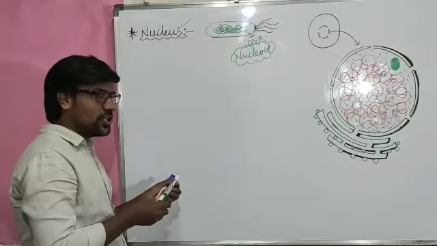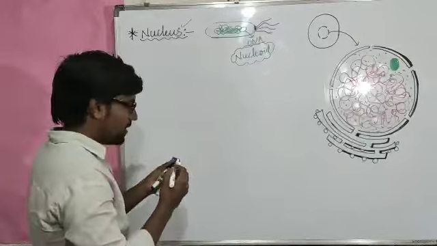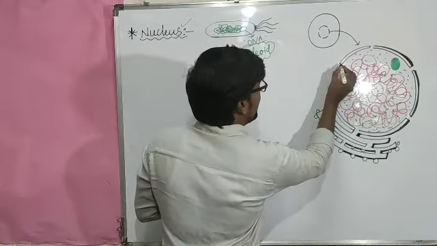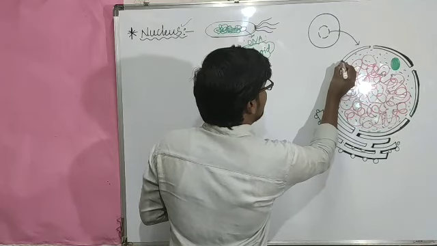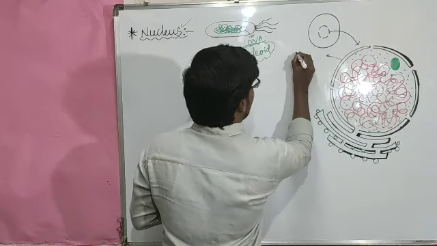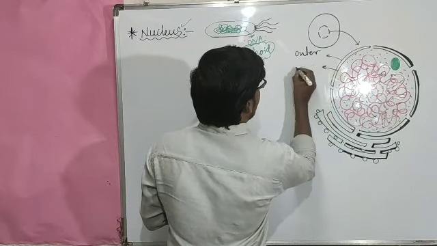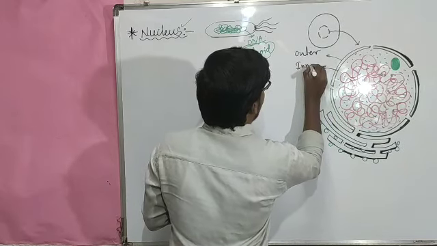And if we consider the nucleus, first let us label the parts of the nucleus. Here it is covered by two membranes. This is the outer membrane and this one is the inner membrane.